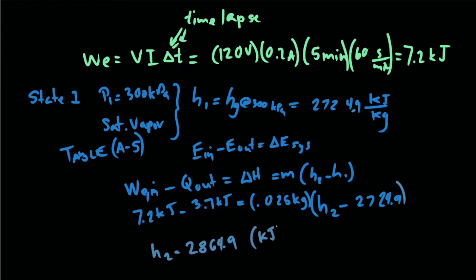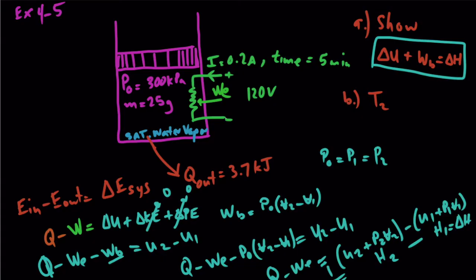kilojoules per kilogram. Now, this is very interesting. So we had an increase. h2 went up relative to h1, right? And that makes sense because what we did is we put electric work inside, which basically puts energy in, and the energy that enters the piston effectively raises the heat.